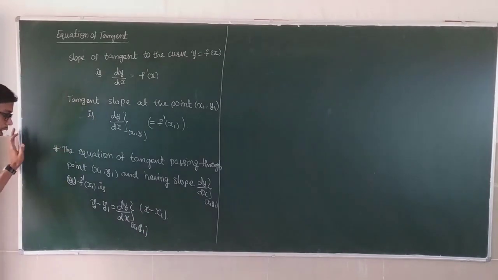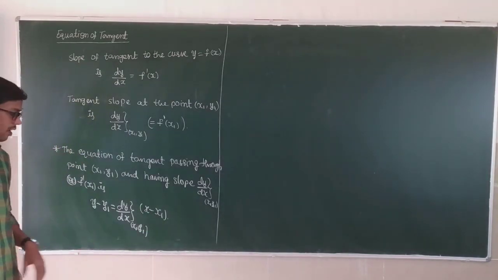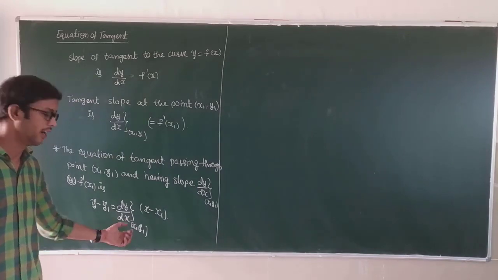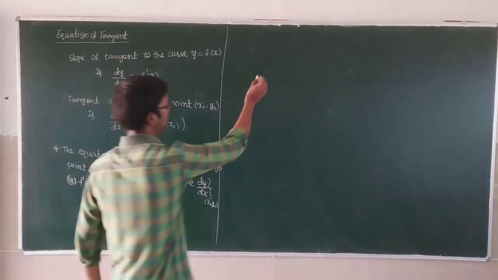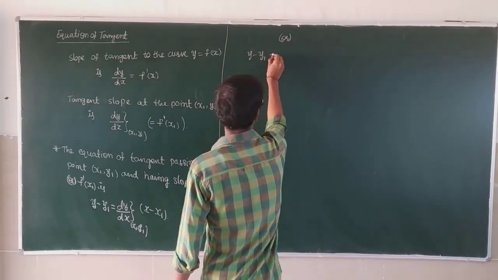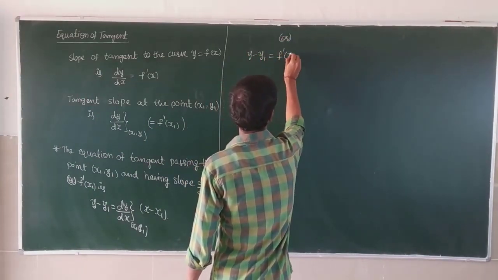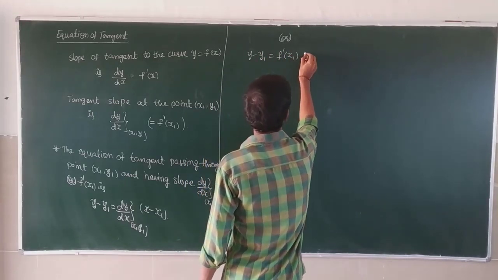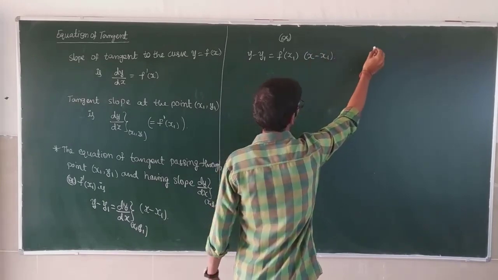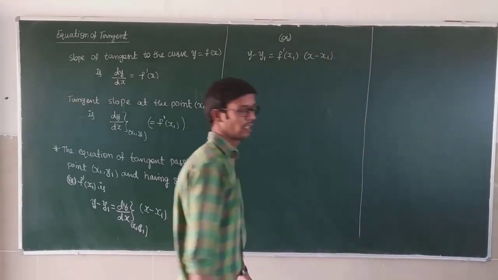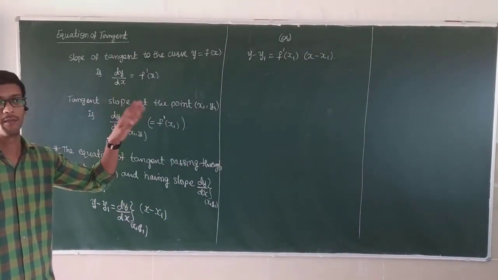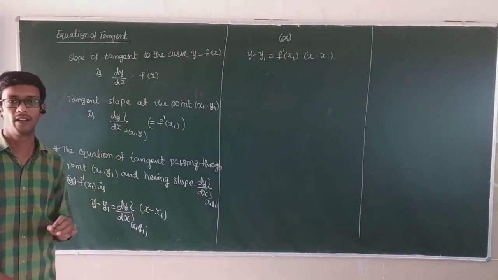This is the equation of tangent passing through the point having the slope at the point x1 comma y1, or y minus y1 is equal to f dash of x1 into x minus x1. So this is also the equation of tangent passing through point x1 comma y1 and having the slope at that point.